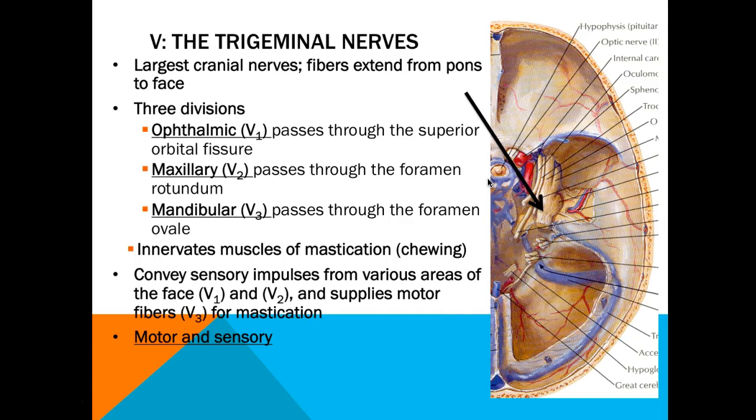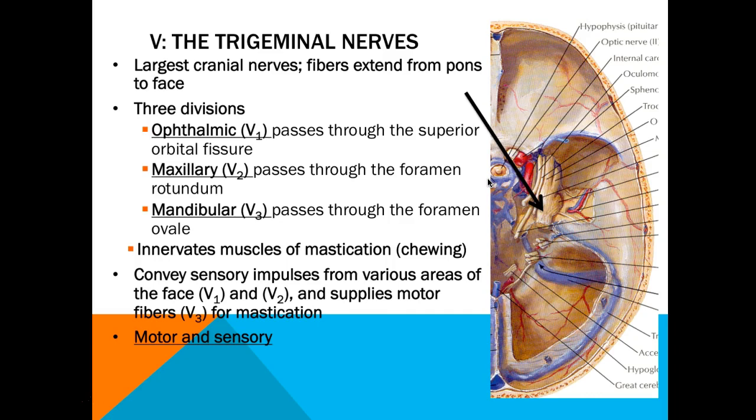Now let's discuss some of the functions of your trigeminal nerve. Moving back to this slide. Some of the main functions of your trigeminal nerve is to innervate the muscles of mastication. So if you put your hands on your cheeks and you clench your jaw, or depress and elevate it, you may feel some of your muscles of mastication working.